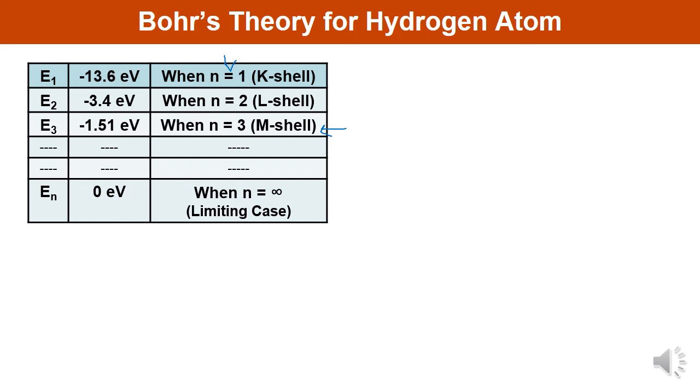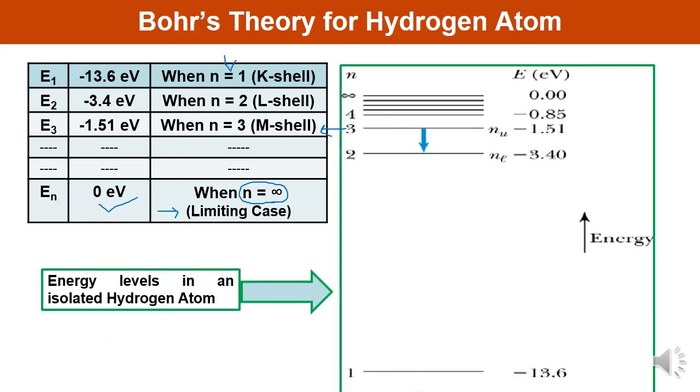When you are calculating for the nth level, you can see that n is in the denominator. So when n is infinity, this energy level value will be 0 electron volt, and that is the limiting case in the energy level representation. Diagrammatically, it can be represented in this form.